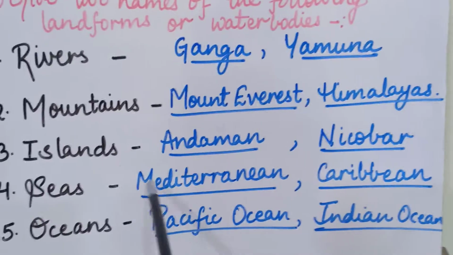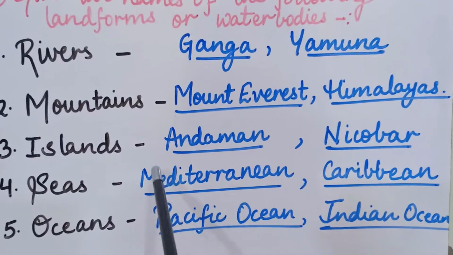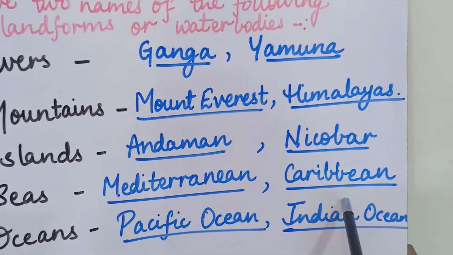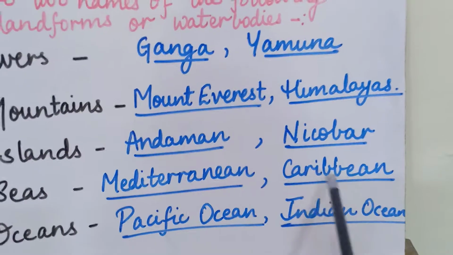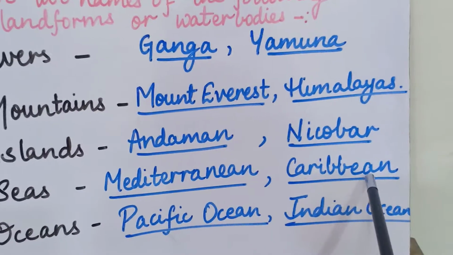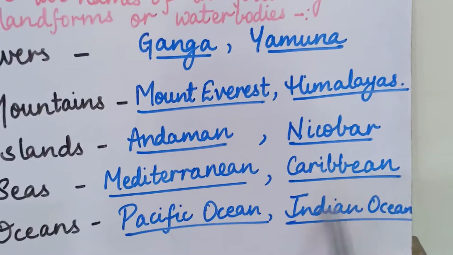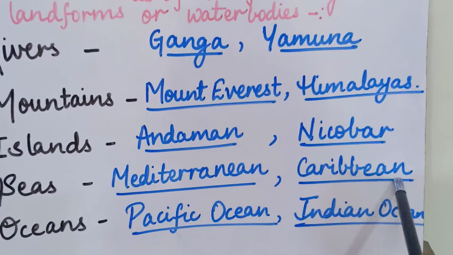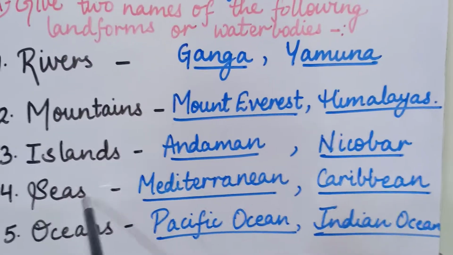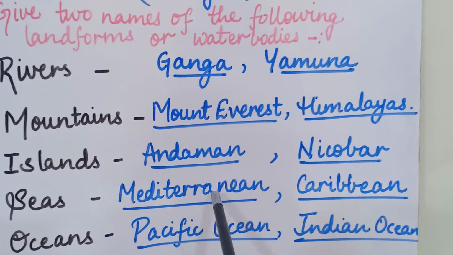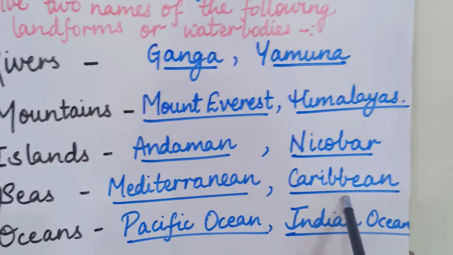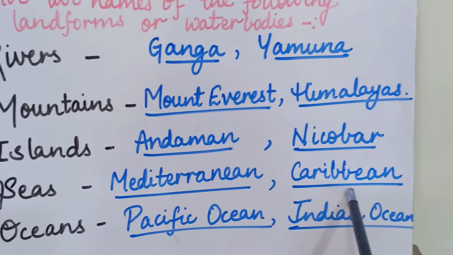So the first name of the sea is Mediterranean Sea and the second name of the sea is Caribbean, CARIBBEAN, Caribbean. Mediterranean Sea and Caribbean Sea. Is that clear, children? Is that clear to you all?